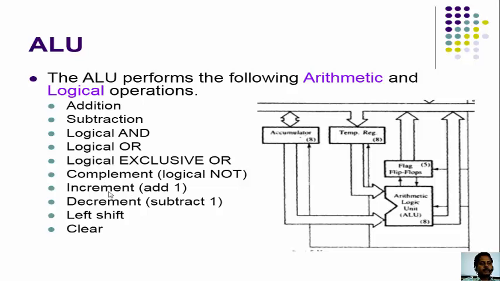Then incrementation, that is addition of 1 in the given register. Decrementation, where subtraction by 1 from the given register.